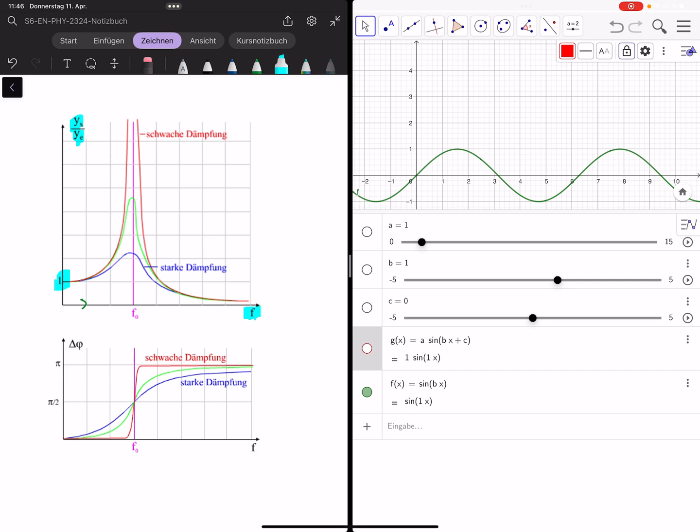Let's look at my second example with the spring. You've got a spring in your hand, and on the downside there is a little mass. When you move your hand up and down very slowly, then the spring will follow the movement of your hand in exactly the same rhythm, and the mass will do the same.